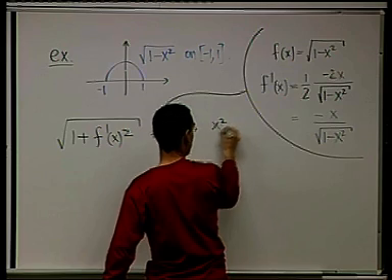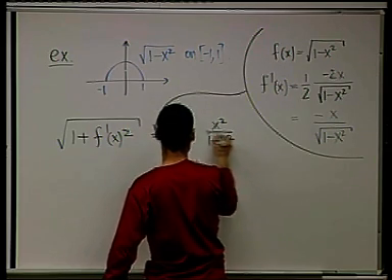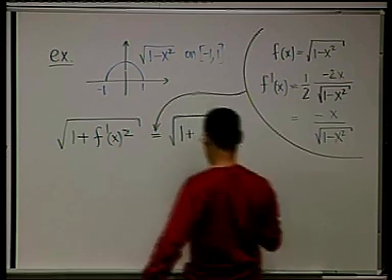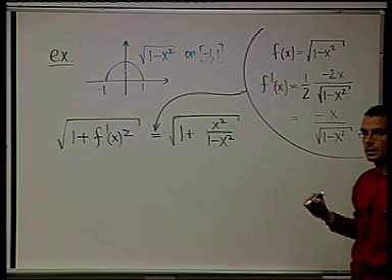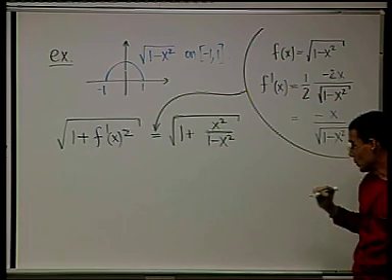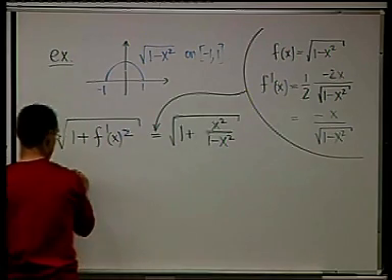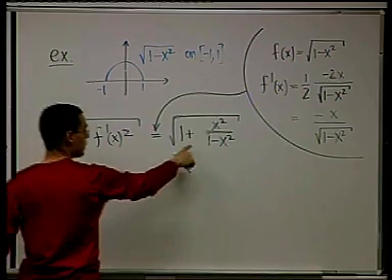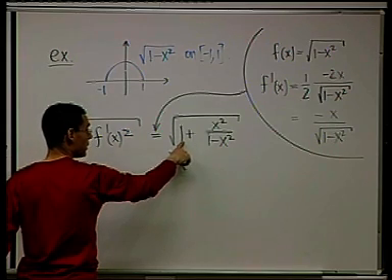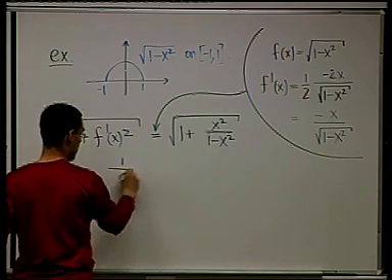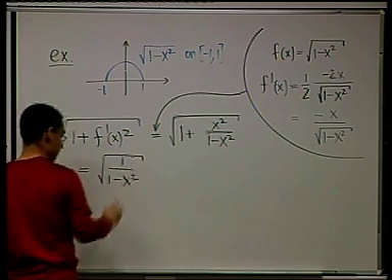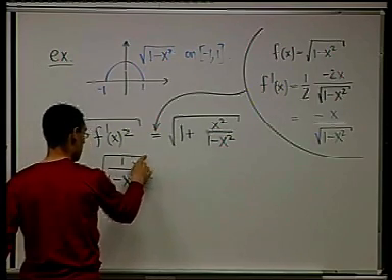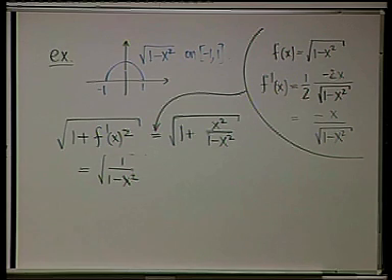So I get x squared divided by 1 minus x squared. Following? Good? Nod your heads. Questions? Okay, good. So what do I get? Let's do a common denominator. So I have 1 minus x squared plus x squared, so it's just 1, divided by 1 minus x squared, and the root of that. Or I can even write it, let's write it, better yet, as 1 over the root.